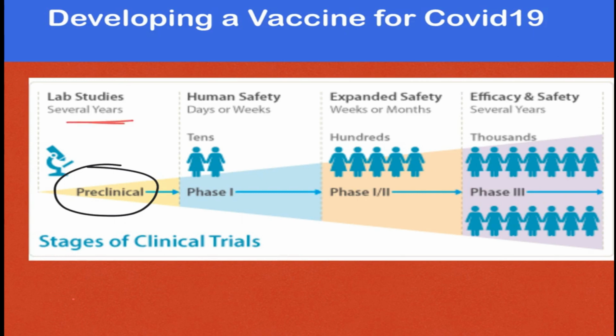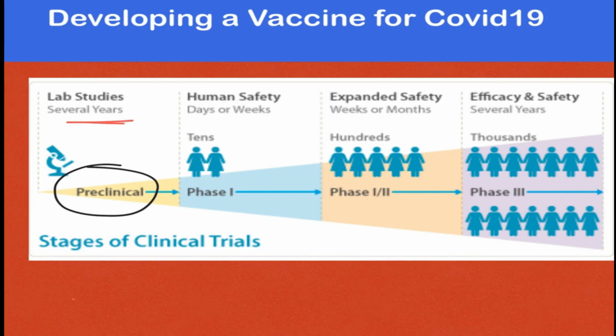And then it goes to phase 1, which is human safety. So you use healthy volunteers that receive very low doses to test whether it's safe and effective. And then if it's safe, they expand the test to more healthy volunteers, and then some patients would be given the treatment, and then eventually you would reach phase 3, where it can start to be given to lots and lots of people.